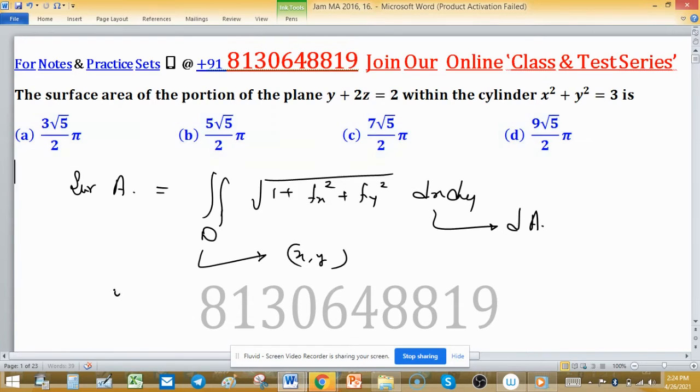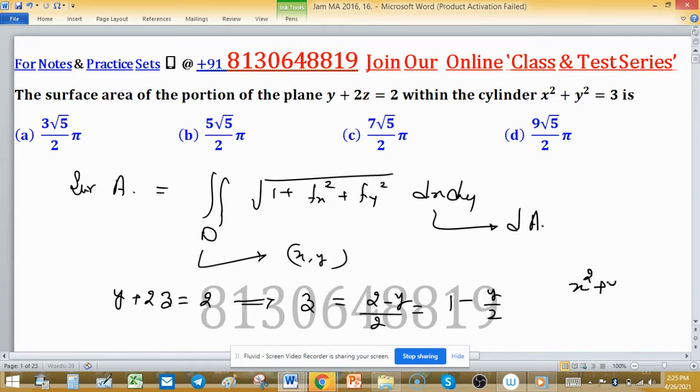Here y plus 2z equal to 2. This is the plane. This implies z equal to 2 minus y upon 2, or 1 minus y upon 2. This is z, because we have to find the surface area of this plane within the cylinder.